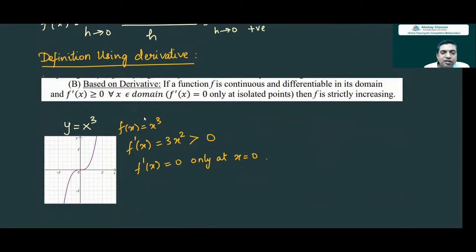So we should not get under the impression that only f dash x greater than 0 throughout gives a strictly increasing function. f dash x greater than or equal to 0 is also strictly increasing as long as f dash x is 0 only at isolated points. This is an example for it.